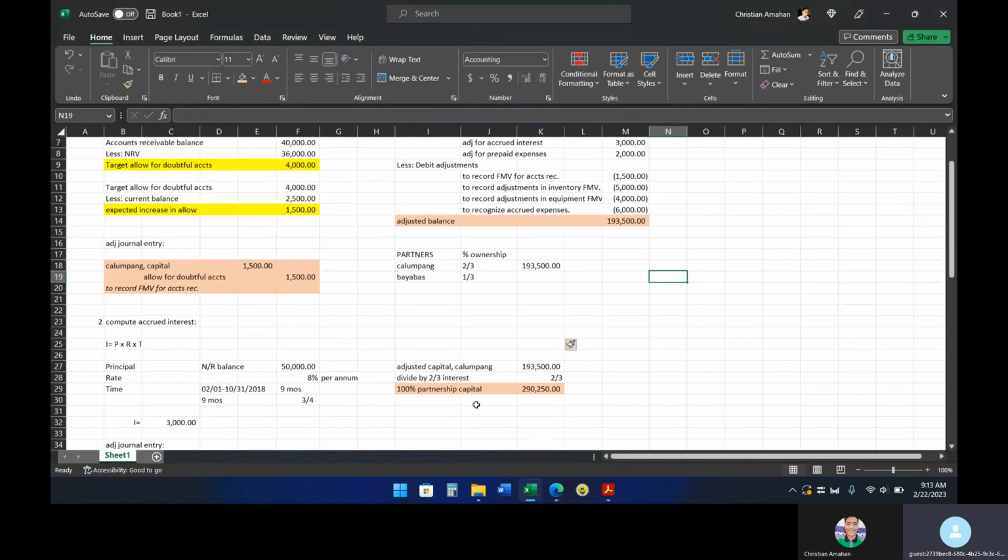Okay? So, if the interest or ownership of partner Bayabas is at 1/3, the total partnership capital of 290,250 is multiplied by the 1/3 interest of partner Bayabas.